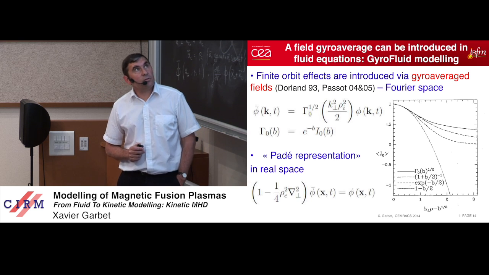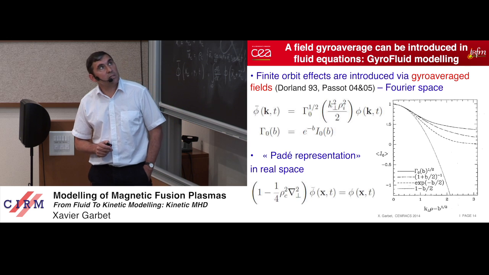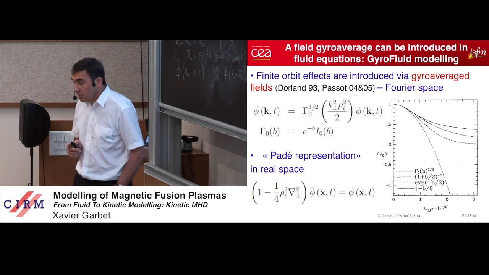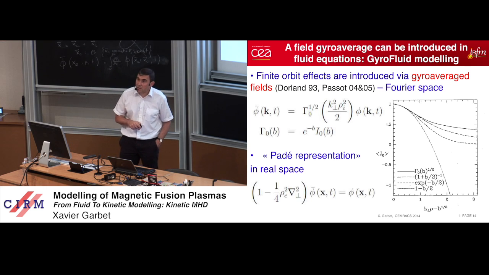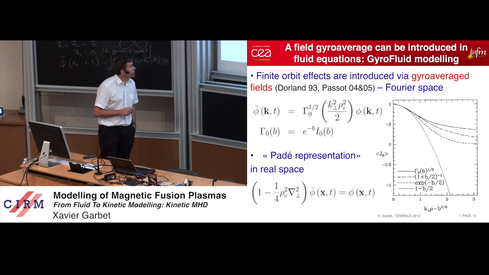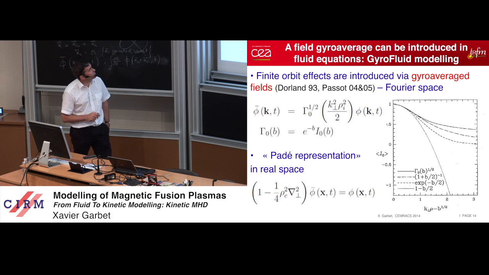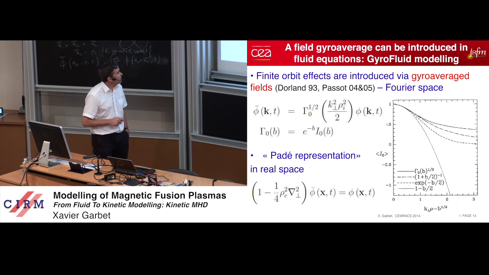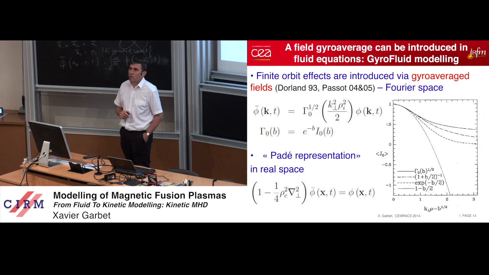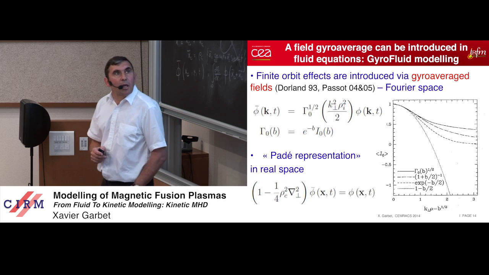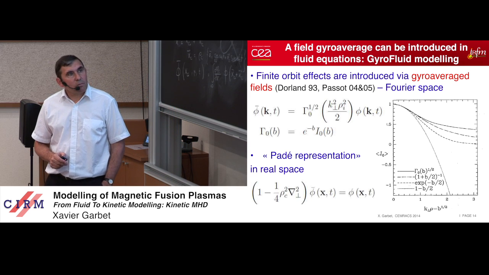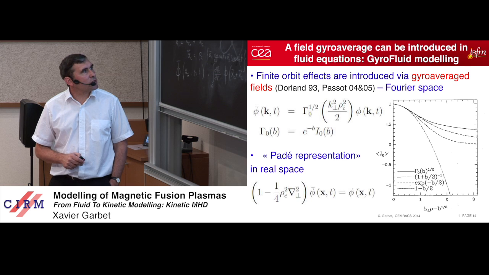Now, if you're not happy with this business here, which is in the Fourier space, because you're working in the real space, for instance, what you can do is a so-called Padé representation, which was actually proposed by Darland as well, which consists in replacing this function with something which is 1 over 1 plus b, or 1 over 1 plus b over 2, which in real space is just this argument here.